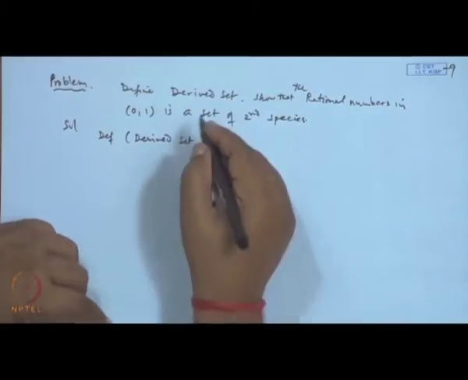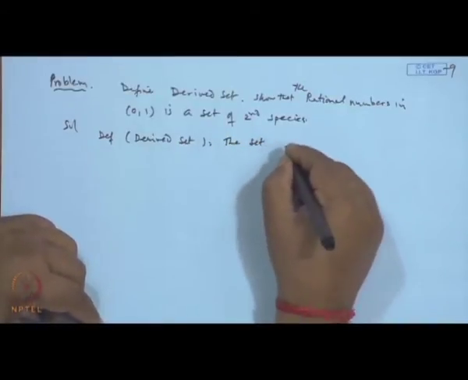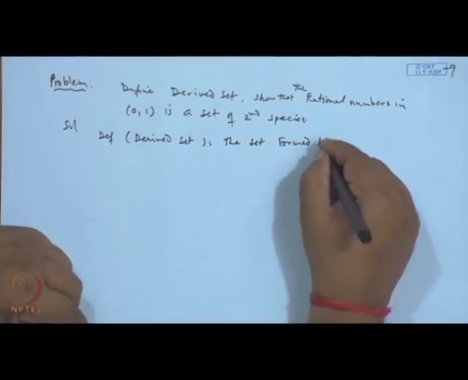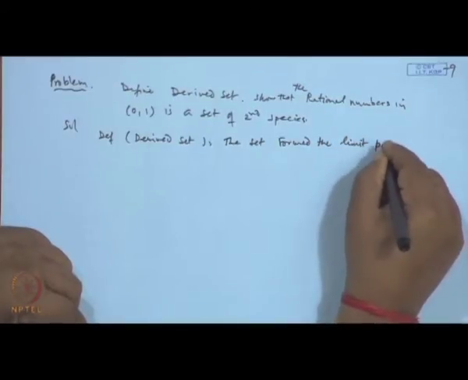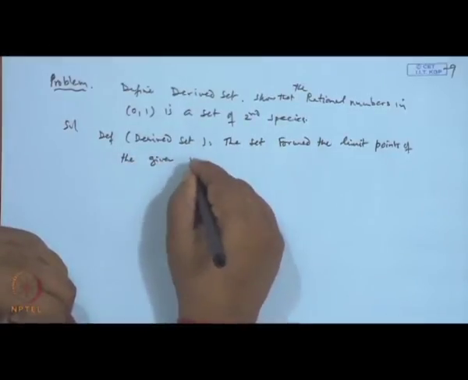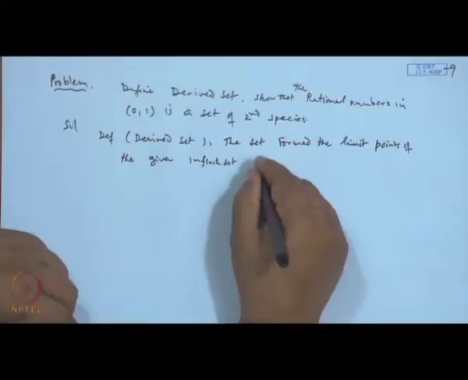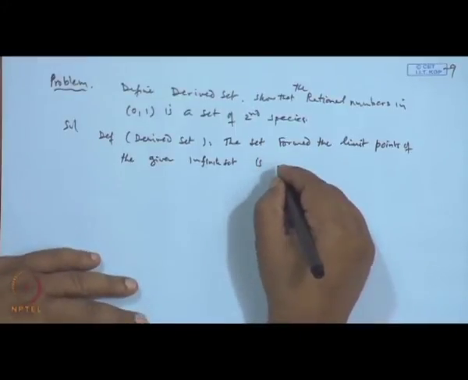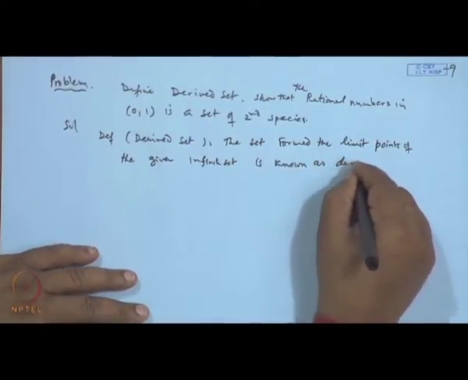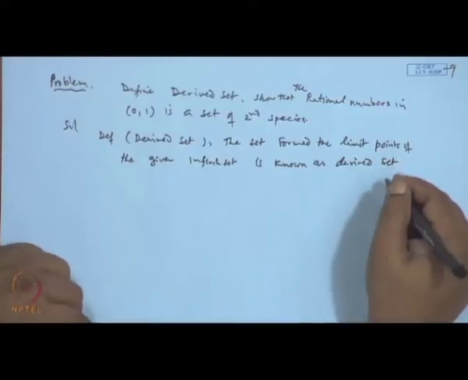The set formed by the limit points of the given infinite set S is known as the derived set. We take an infinite set because a finite set does not have any limit point, as we have already seen.